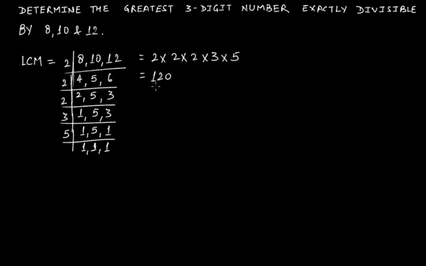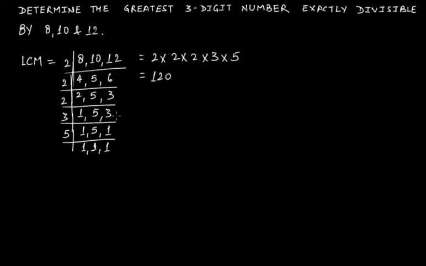Now, since you have to find the greatest 3-digit number exactly divisible by 8, 10 and 12, you just find out the greatest 3-digit number that is exactly divisible by 120.